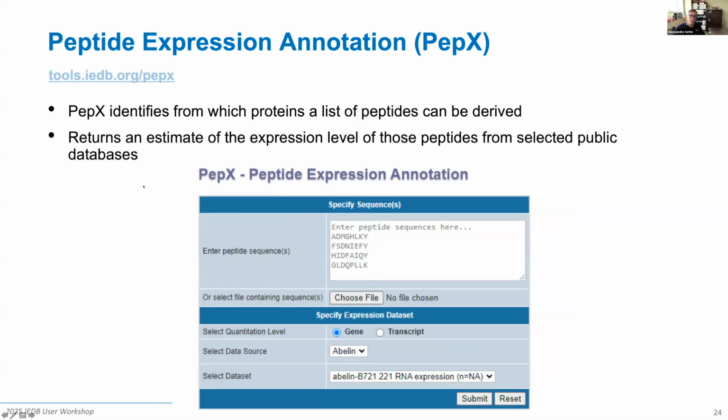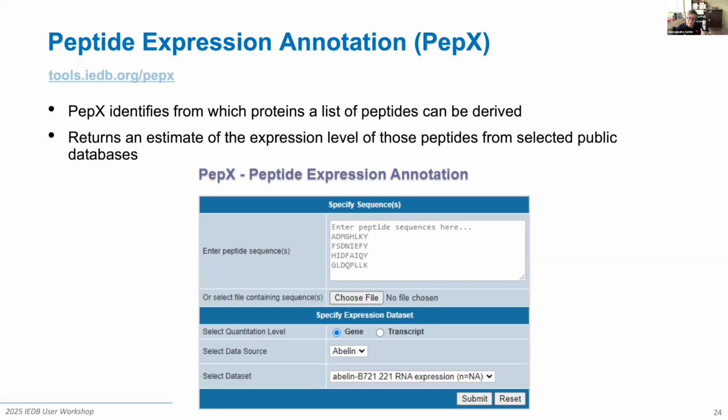And this is very important because, apart from binding affinity, the level of expression of a particular peptide potentially plays an important role in immunogenicity. Remember, we were discussing how binding is a necessary prerequisite, but not all things that bind are immunogenic. And expression level is one of the things that is in a dialogue with binding.